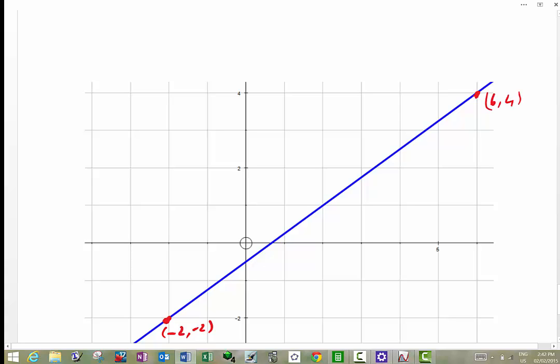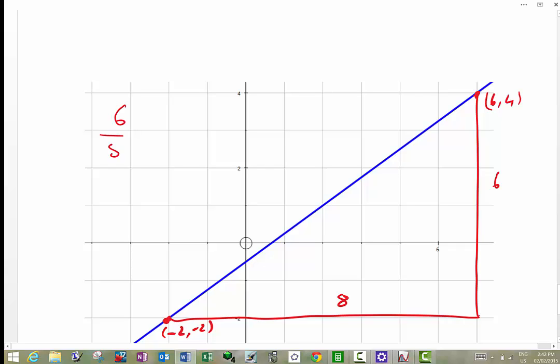So again, we go all this way across, which is from -2 to 6, so that's 8 units, and all this way up, which is from -2 to 4, which is 6 units, and of course the slope is indeed rise over run, which is exactly the same as we had before, 3/4.